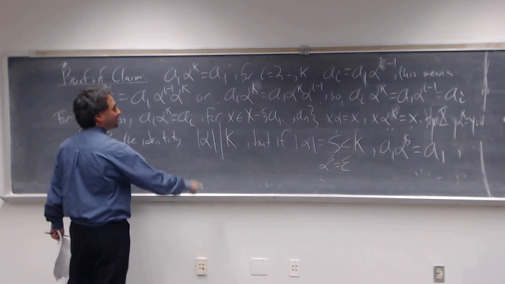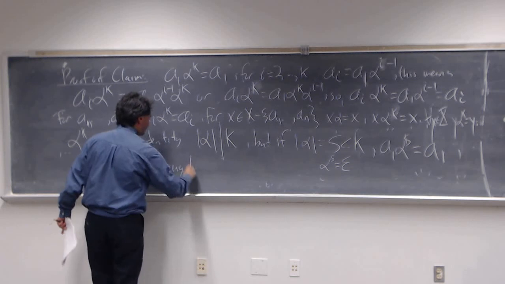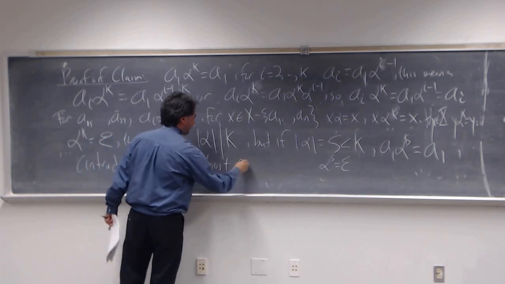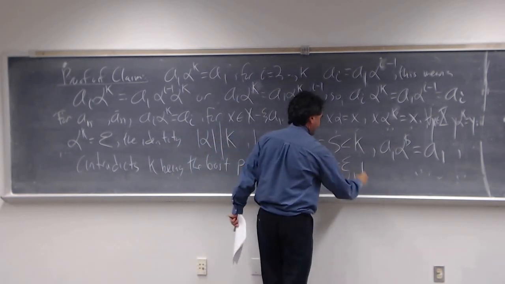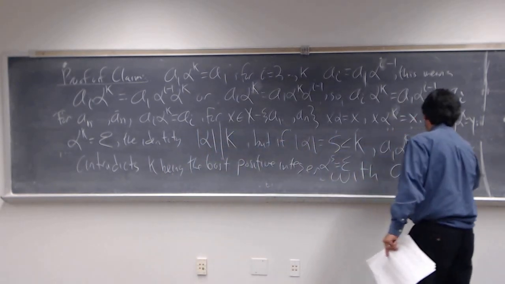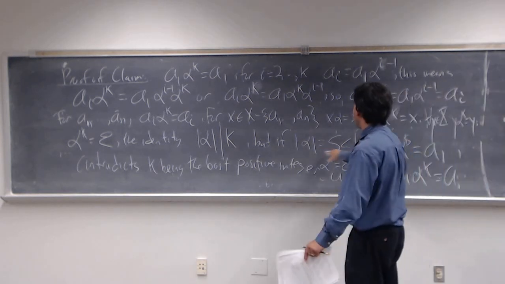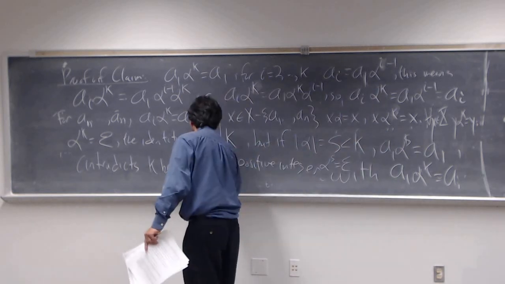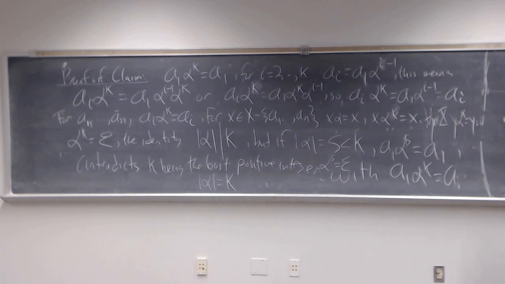K is the least positive integer that takes A1 back to itself. So that proves the claim. We can't have the order being less than K, so it has to divide K, so it has to equal K. S basically divides K, but S can't be less than K, so S equals K.